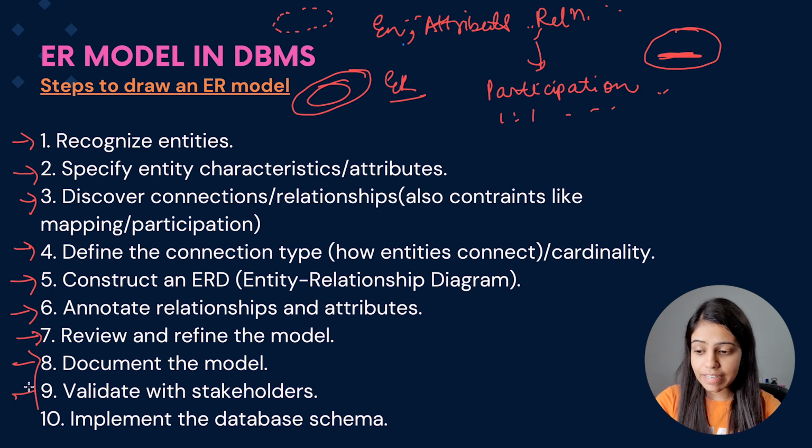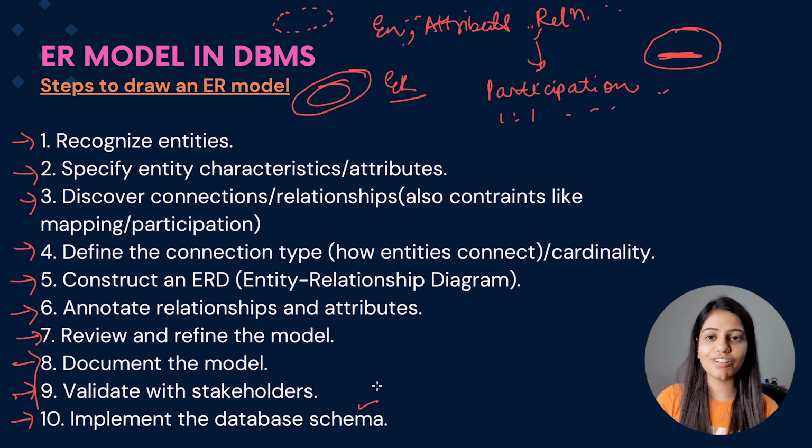Now you can validate that document with the stakeholders, asking if my understanding is correct, that there is a one-to-one relationship, the entity is having three attributes among which one is the composite attribute, and the relationship is one-to-one or one-to-many, like this. And the tenth step is to implement the database schema. So now you can go ahead and implement the database schema, or formulate the relational model or the tabulated model for the same. So in this way, these are the steps in which you can draw an entity model.